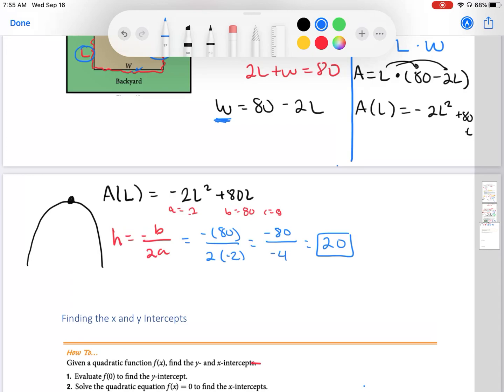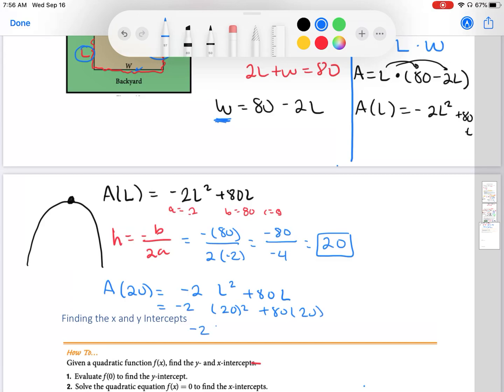We need to plug it into our function to find our maximum value. So let's plug it in. So A of 20 would give us negative 2 times 20 squared plus 80 times 20.